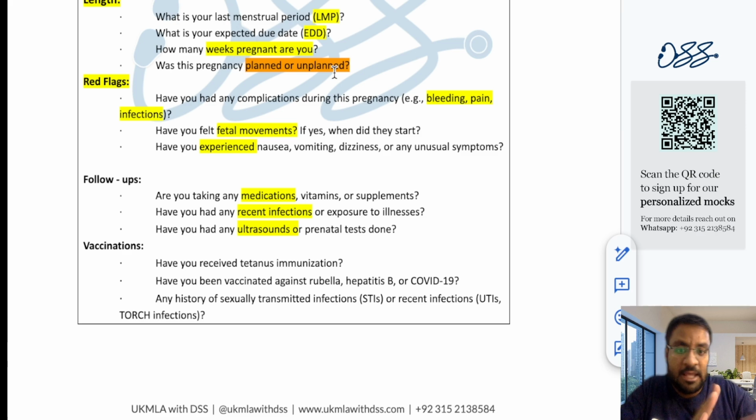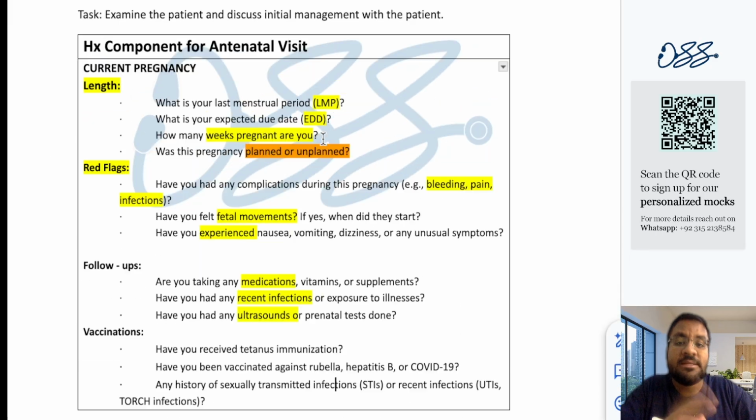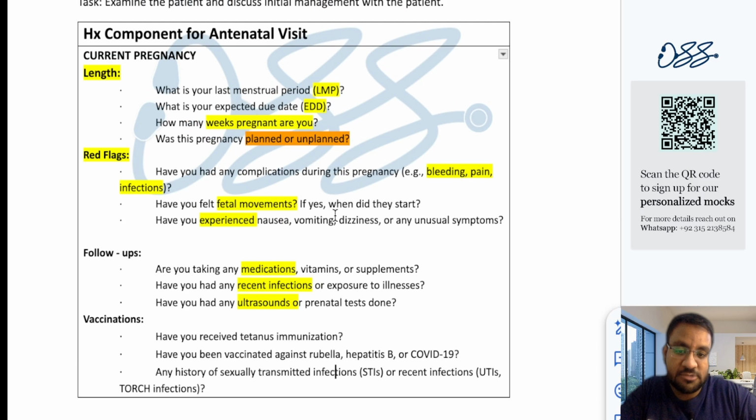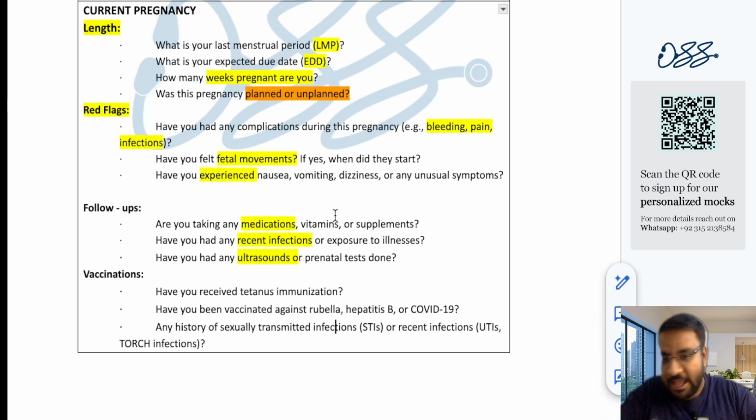Have you done any diagnostic tests like CVS, like amniocentesis? This is just to get an idea of where she currently is in her pregnancy, in terms of the health, the duration, the medical aspect, the follow-ups, the nutritional things that need to be taken care of during the pregnancy. So it's very important to cover this particular aspect.